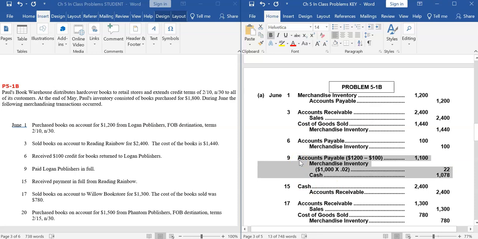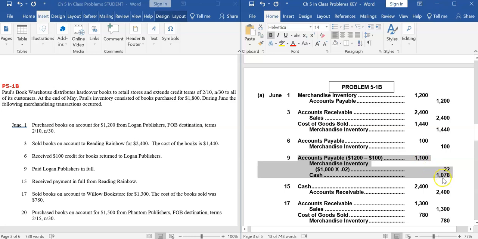We do not have to pay the full $1,100 to pay off that liability because we were offered a 2% discount if we paid in 10 days. We did pay within 10 days because we paid on the 9th, 8 days after the purchase. That means we get to take a 2% discount. $1,000 was the original purchase price, times the 2% discount, we are taking a discount of $22.